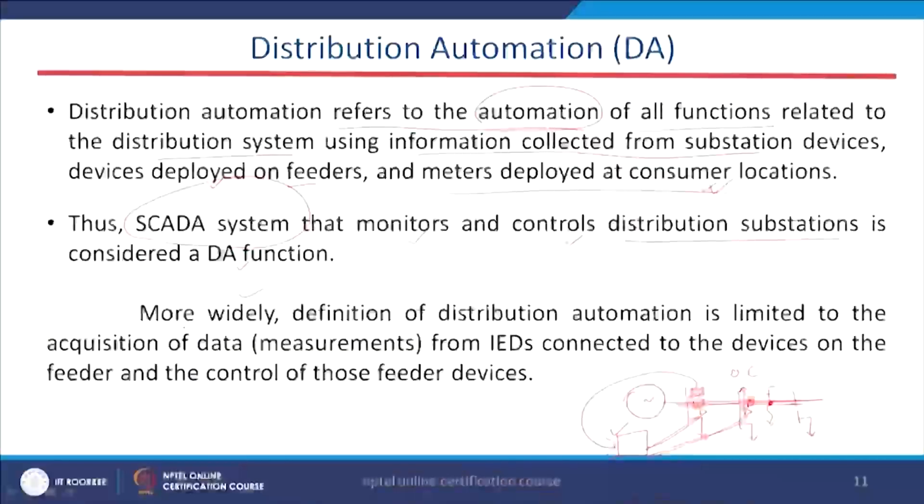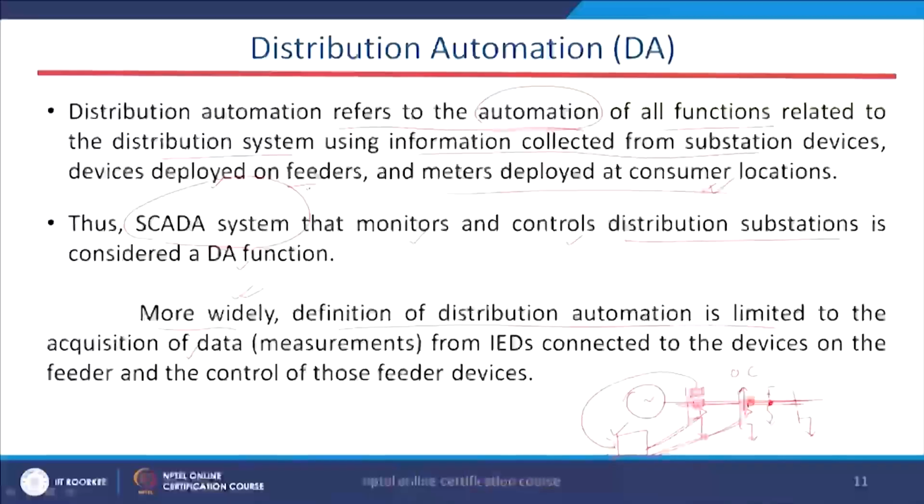Now, more broadly, how to define this? In a wider sense, the definition of distribution automation is limited to the acquisition of data. It will collect the data from all the sensors which are deployed on feeders or at consumers' locations. So, distribution automation is limited to the acquisition of data measurements from IEDs.